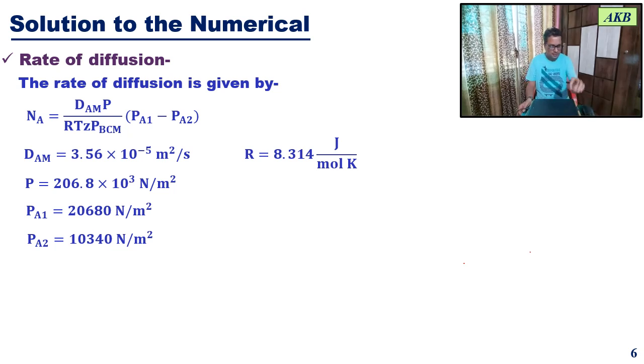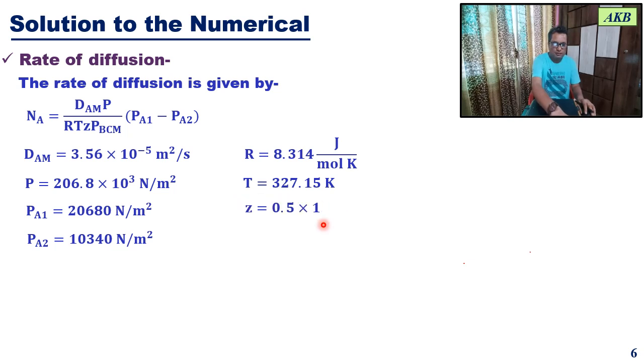Okay, so R is 8.314 joule per mole per Kelvin, but I'll be using it as 8314 Newton per meter square into meter cube per kilomole per Kelvin. Temperature we have noted down previously, it is 327.15 Kelvin. Z is 0.5 into 10 to the power minus 3.